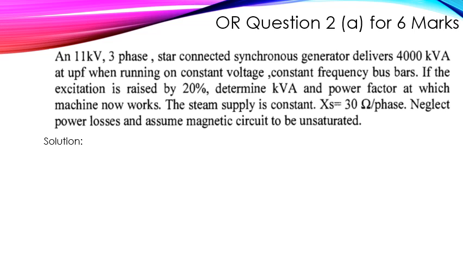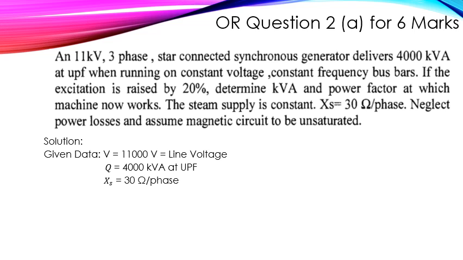So first write down the given data. The applied line voltage is 11,000 volts. The kVA rating is 4000 kVA before the excitation is raised by 20%, and that is for unity power factor.